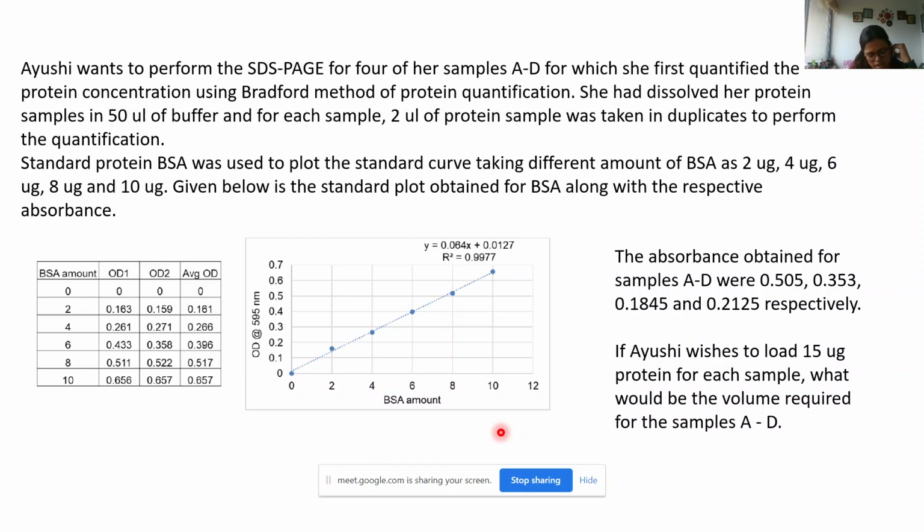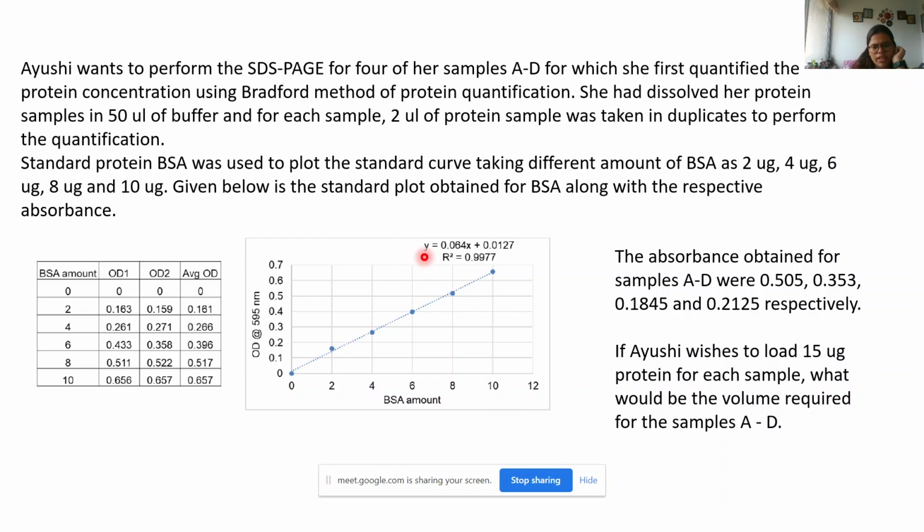Has anyone finished at least finding the BSA amount for protein A to D? No one? So you have to use this equation.